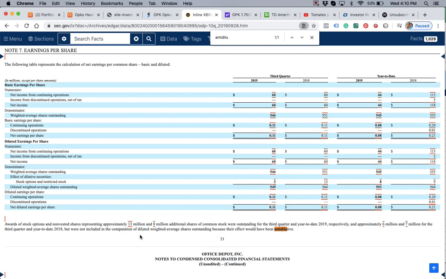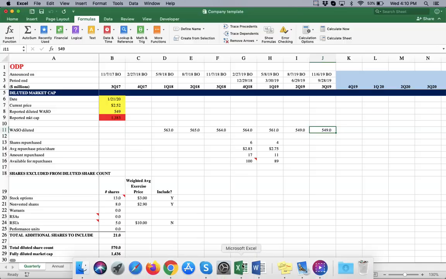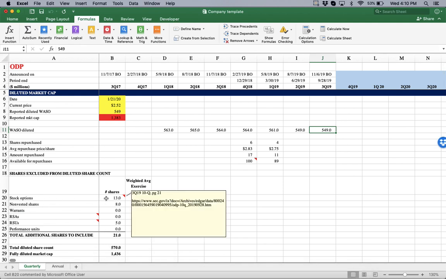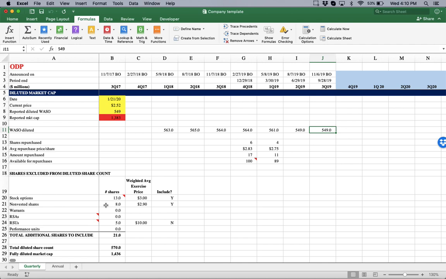So we need to account for these shares somehow. So here we have stock options 13 million and non-vested shares 8 million. Now, you don't necessarily always have to include these numbers. For example, and this doesn't apply to Office Depot, but I just filled this number in to give you an example. If they had 5 million RSUs outstanding, and the average exercise price of each one is $10, that would mean that the current share price of $2.52 would have to more than triple for these RSUs to be exercised, right?